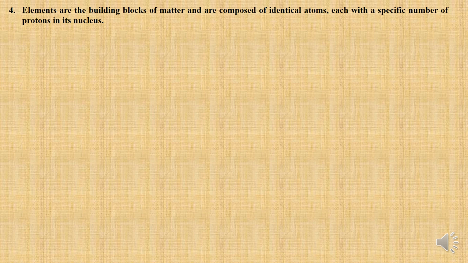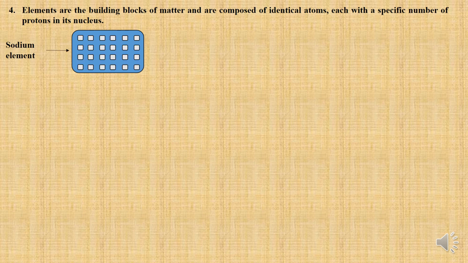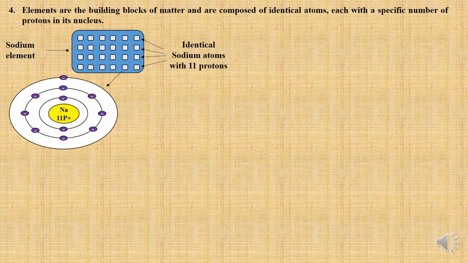Now elements are the building blocks of matter and are composed of identical atoms, each with a specific number of protons in its nucleus. In case of sodium element, we find only identical sodium atoms within the element, and each sodium atom has a specific number of protons in its nucleus, that is 11.